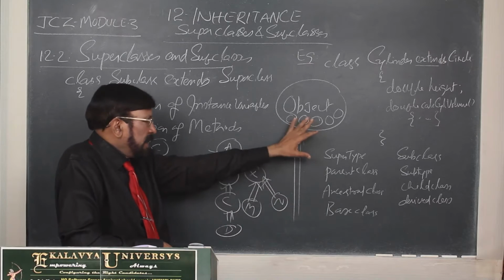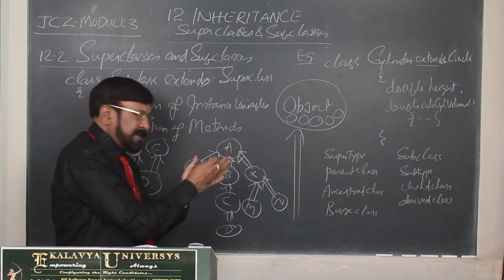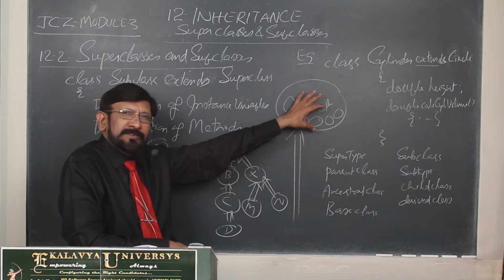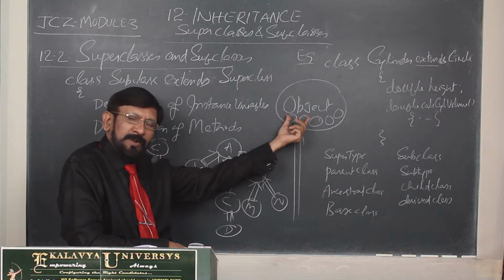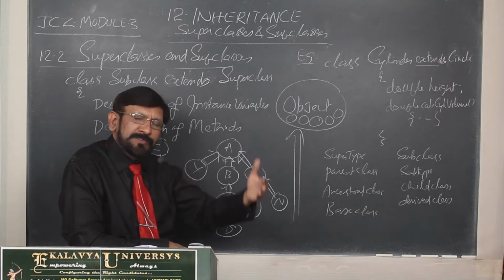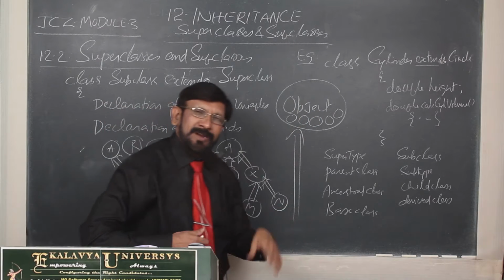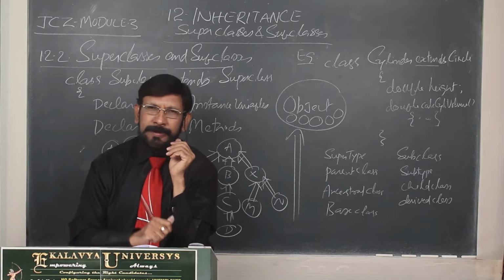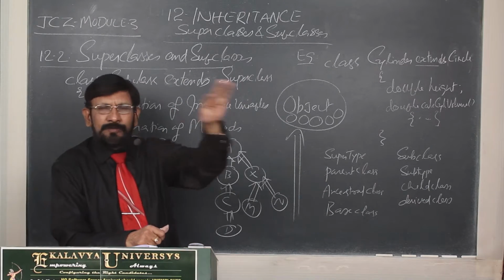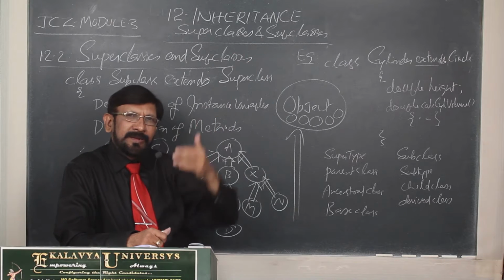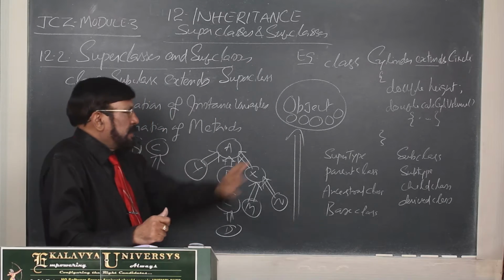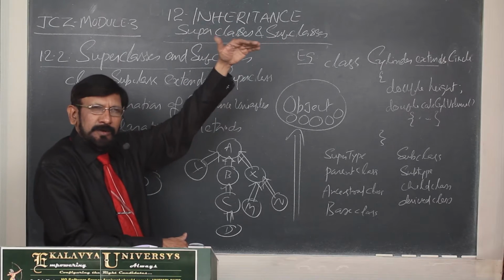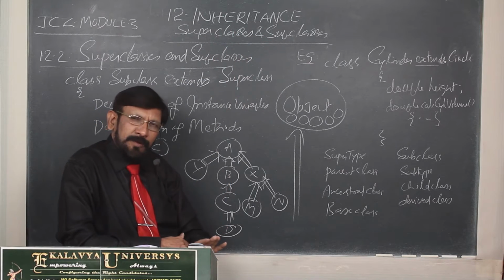Because of this hierarchical relation, because of the inheritance, whatever services the Object class provides are obviously inherited by every Java class. Suppose your forefathers have certain property. Obviously, in your family, everybody can inherit it. In the same manner, the Object class is the topmost parent of all Java classes.